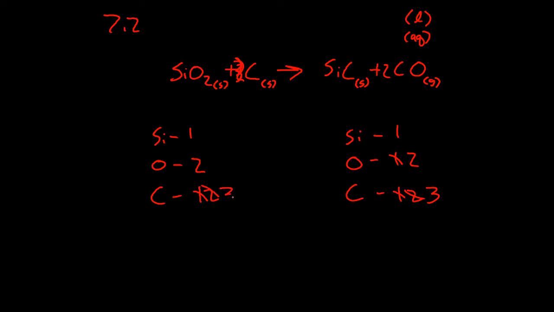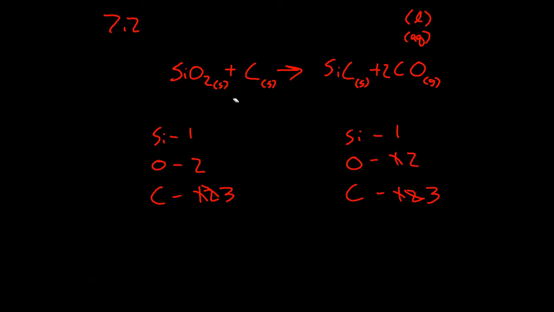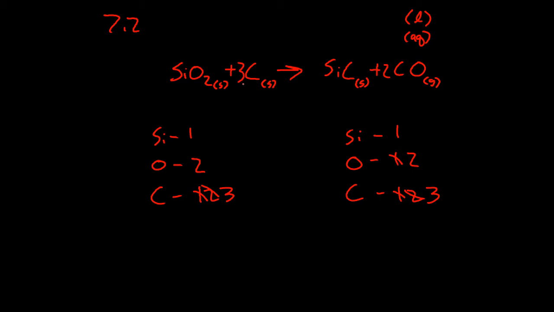Anytime you have a free element like that, it tends to be very easy to balance, because you don't have to worry about messing up the number of one thing with something else. So we had 3 carbons there, not 2.